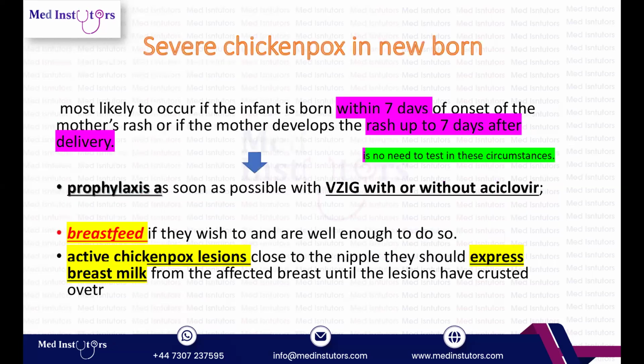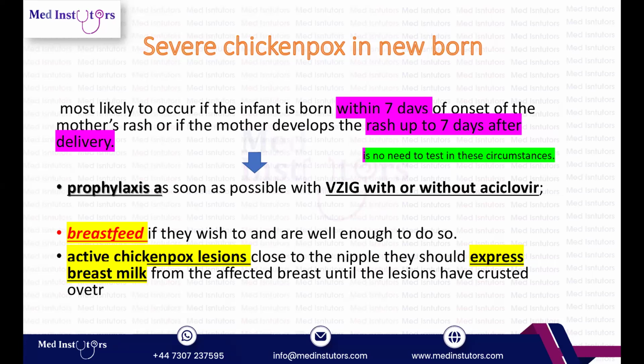But what happens when there's a severe chickenpox infection in the womb? It is most likely to occur if the infant is born within 7 days of onset of mother's rash, or if the mother develops it up to 7 days after the delivery. So it is 7 days before or after delivery. That is the reason we were advising to delay the delivery up to 7 days.